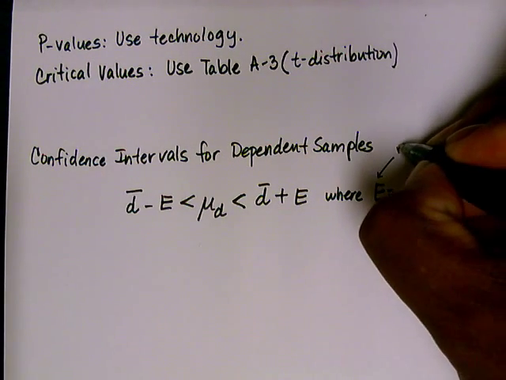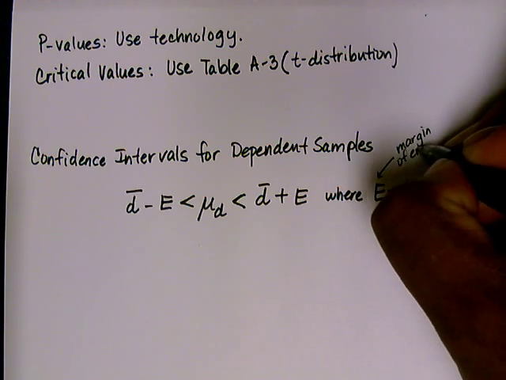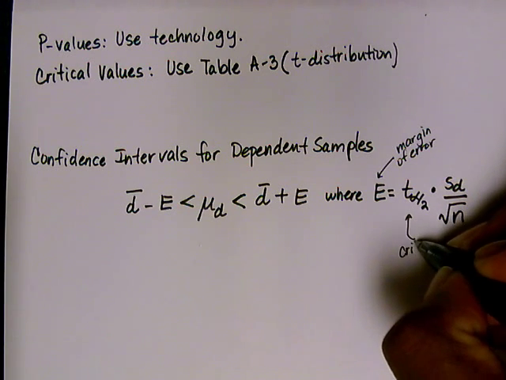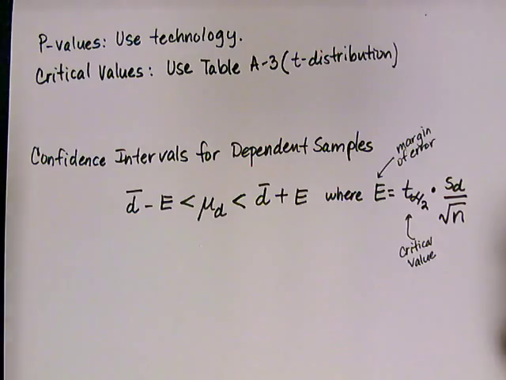So this E represents the margin of error. t of alpha over 2 is your critical value. And we've already talked about what s sub d is. That's the sample standard deviation of your individual differences. n is the number of paired data.